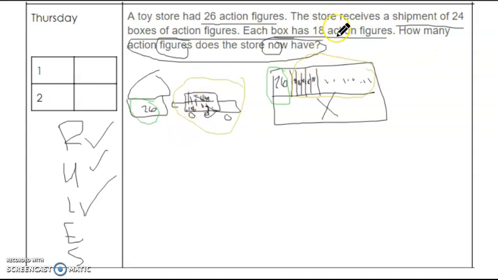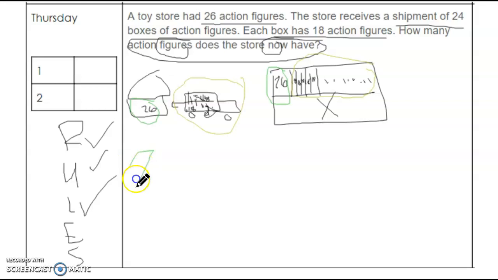So in order to figure out the total number of action figures, we have to do 18 times 24. We can't add action figures plus boxes. That doesn't make sense. We can't subtract 24 boxes, 18 action figures out of 24 boxes. Those aren't the same things. We're not going to be dividing it. We have 24 boxes with 18 action figures in each box. So we have 24 groups of 18.